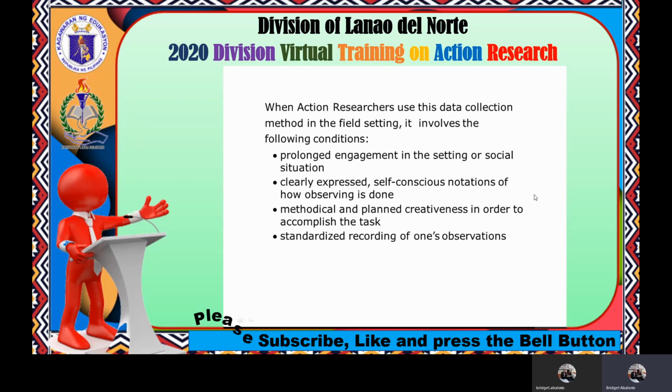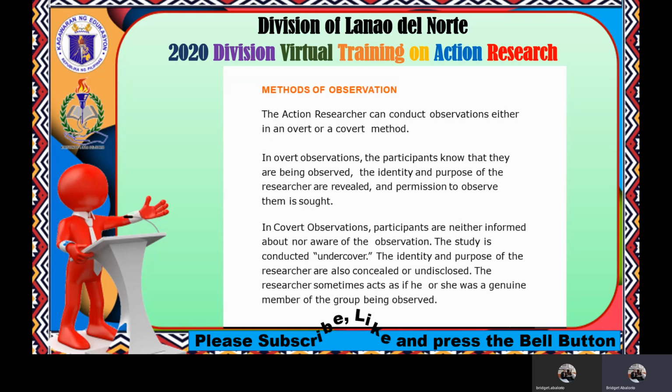Okay, so mag-record. So the methods of observation can be conducted either in an overt or covert method. So there are two. In overt observations, the participants know that they are being observed. Kabalo sila, gi-obserbaran sila.